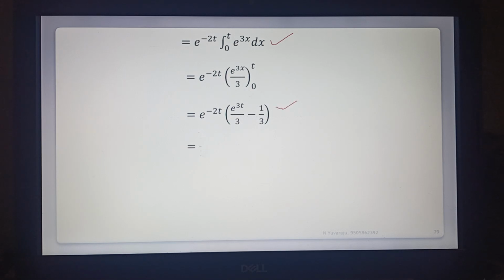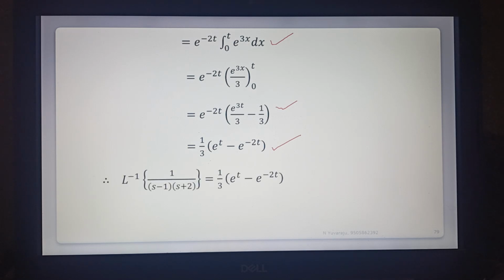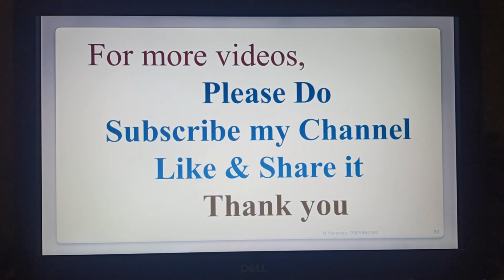This is the required inverse Laplace transform of the given function: L inverse of 1 by s minus 1 into s plus 2 is equal to 1 by 3 into e power t minus e power minus 2t. This is one of the important convolution theorem problems.